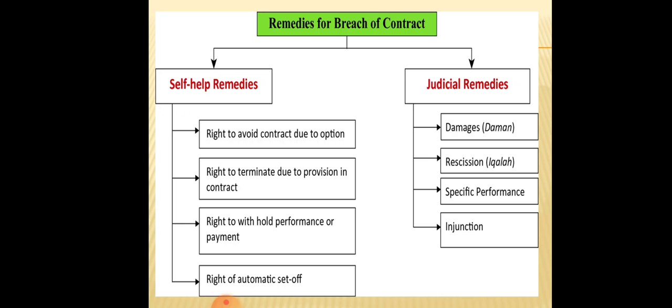Then third is specific performance. If the contract is broken by either of the parties, then they may decide how to discharge the contract. If the parties are ready to perform their obligations or the duties or the terms and conditions assigned under the contract, then there may be specific performance voluntarily.